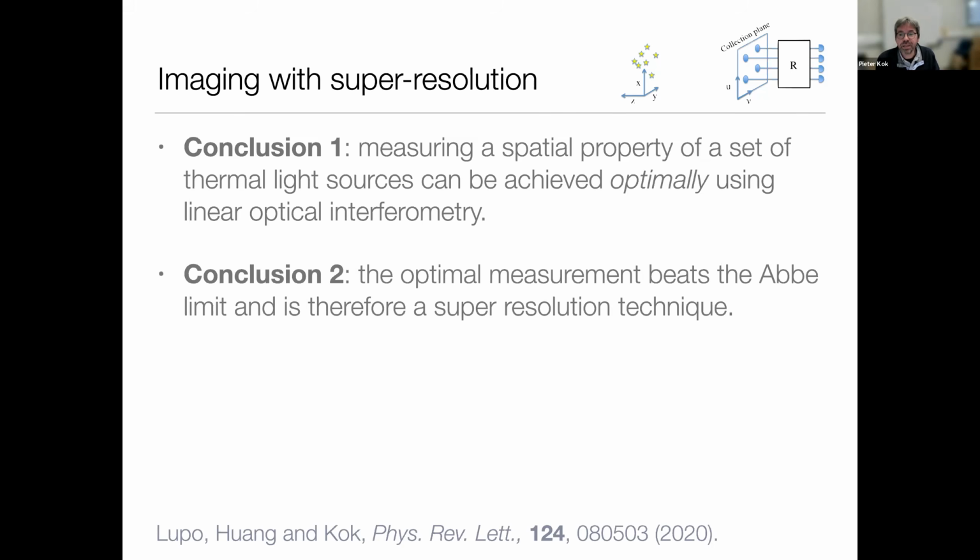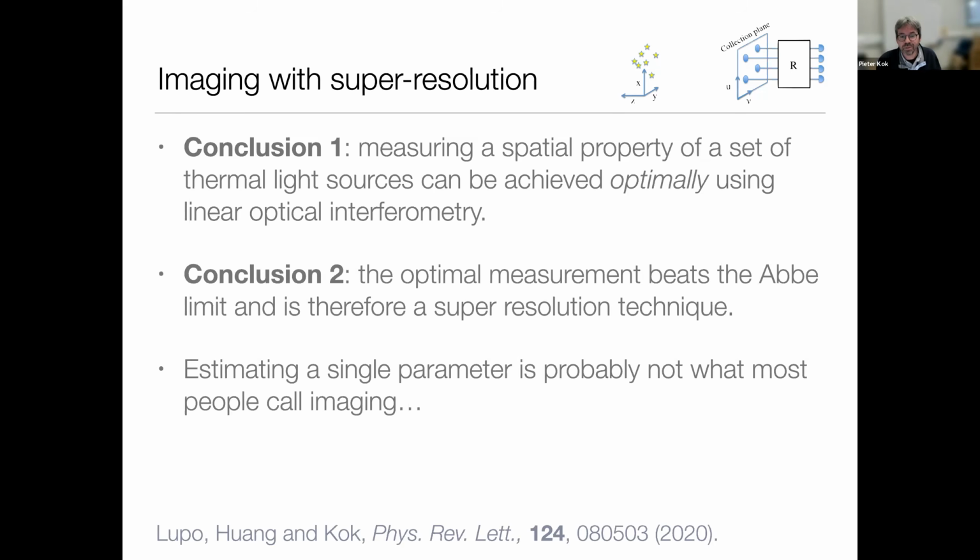And it beats the Abbe limit, and it's therefore a super resolution technique. So that's really exciting. And so we are talking to experimentalists in order to try to figure out, can we do this in astronomy, right? Which is a very obvious application.